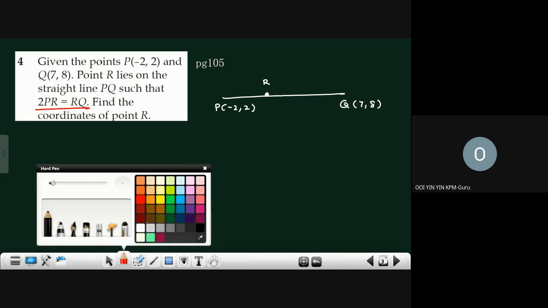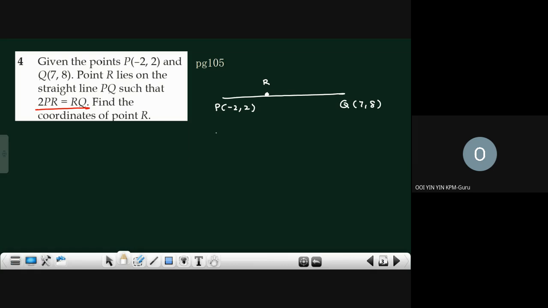This is what I want to tell you. We write down the equation just now: 2PR equals RQ, right? So what we do now is move RQ to the PR side, it will be 2PR over RQ, and then here will be 1, not 0.